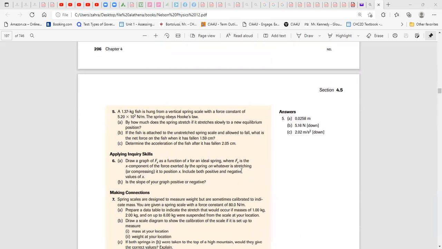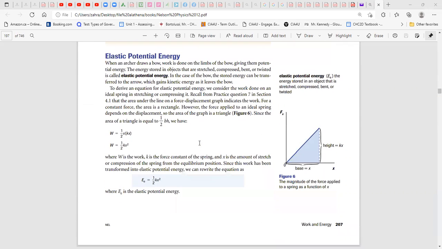Here, question number 5 you can do. Elastic potential energy. We know the area under the force-displacement diagram will give you the energy. If this line represents kx, the equation is F equals kx. So the slope of this line is k.